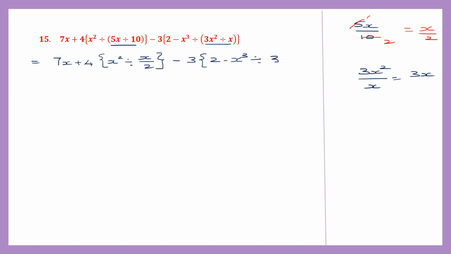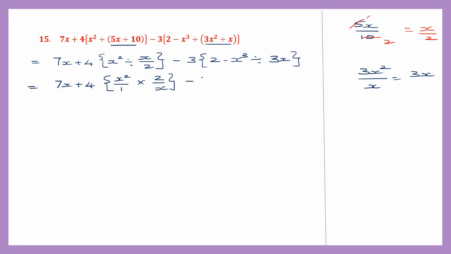So this is 3x. Now here this will be 7x plus 4 divided by, now if you look carefully, this can be done as division of fractions by giving this the denominator 1. So this will be x square by 1, division changes to multiplication, x by 2 becomes 2 by x, the reciprocal.